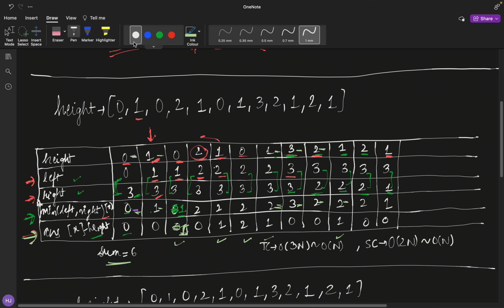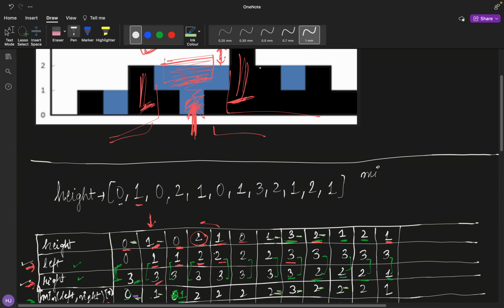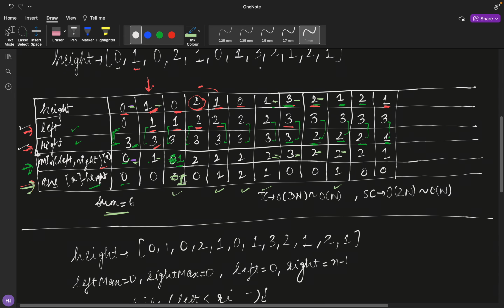So in this solution, what we have actually done, we have taken 3 auxiliary spaces, that is the left prefix array and the right max, left array and the right array, which are holding the maximum value at left and right respectively, and then we are simply finding the answer at each and every point, which is basically minimum of left comma right minus the height of the building.